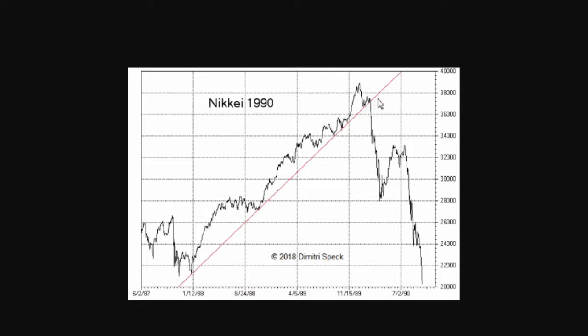And then, of course, the break of the trend line and kind of in 2 different phases all the way down here just above 20,000. And so from about the peak of near 39,000 down here to the bottom, that was also a very nice move down of about 47%.